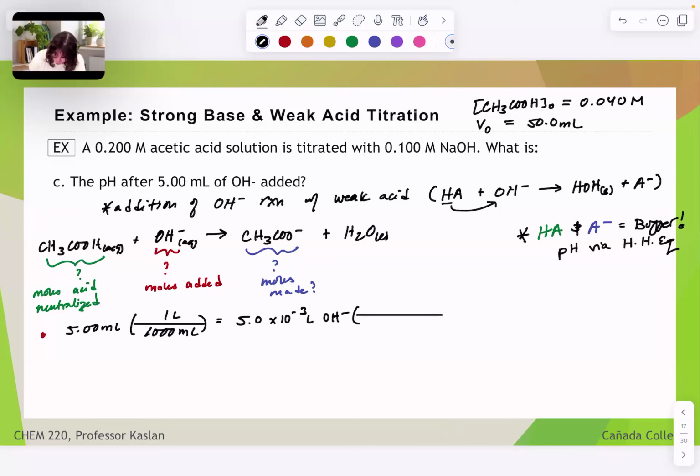And we want to figure out how many moles that means we added. We know that our hydroxide concentration was 0.10 moles per 1 liter. So this is making this 10 times smaller. This becomes 5.0 times 10 to the negative 4 moles of hydroxide added.